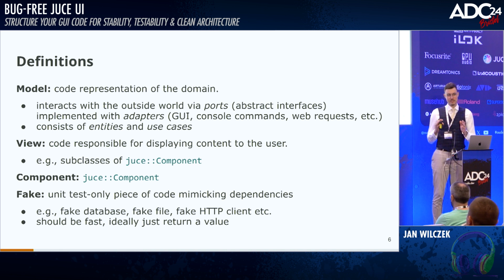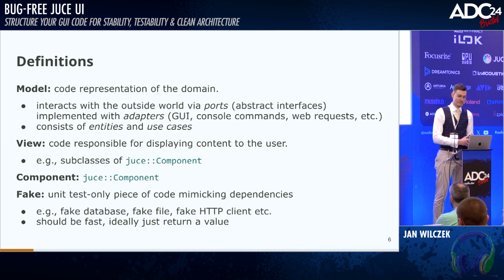the problem. So the main definition that we need is a so-called model, which is a code representation of the domain we're working in. And in the case of audio, we could think that the model consists, for example, of a preset or preferences class. It could be a synthesizer voice, right?